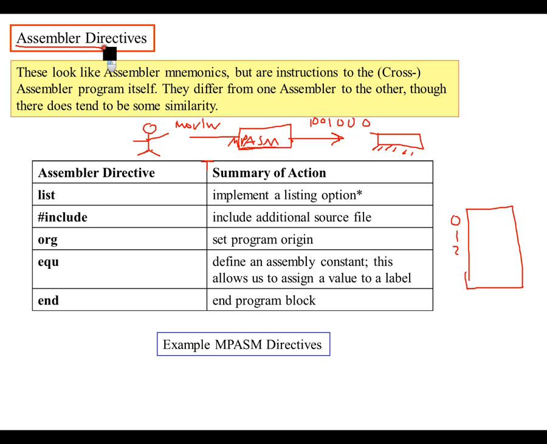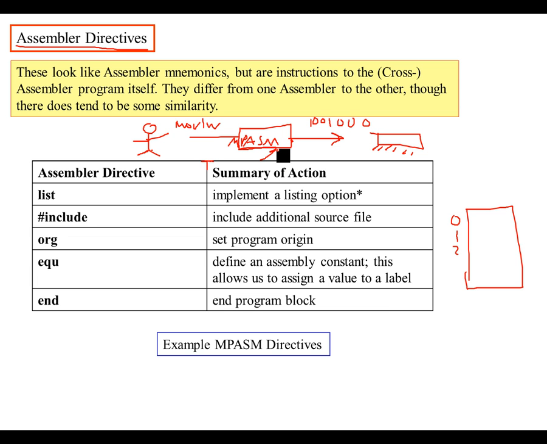We want to distinguish assembler directives from lines of assembly language code, from instructions. Assembler directives are not instructions. They are just information that is passed to the assembler.